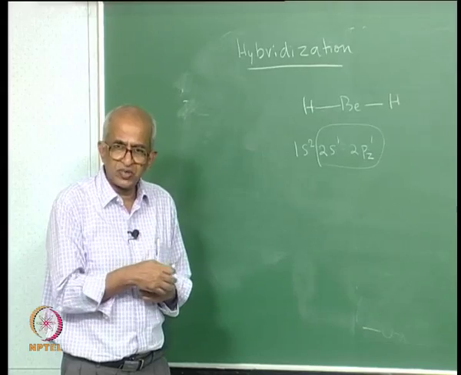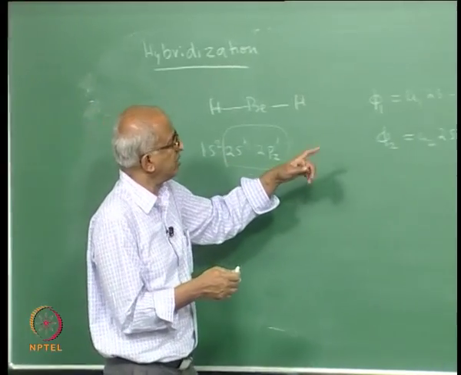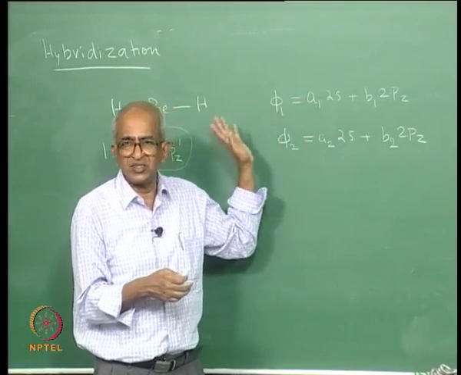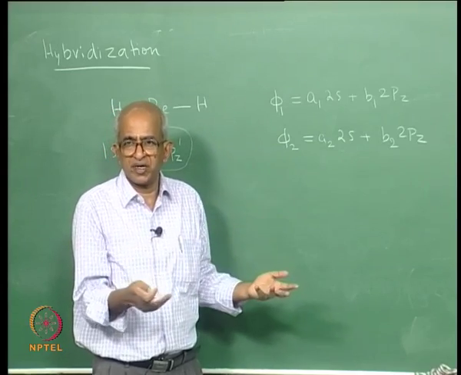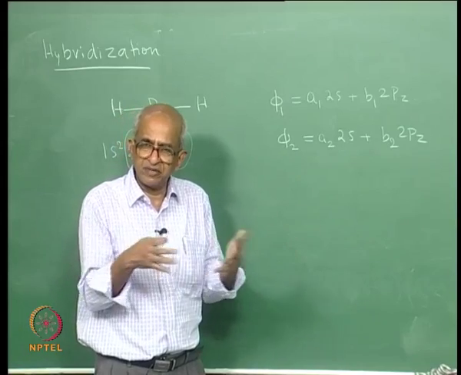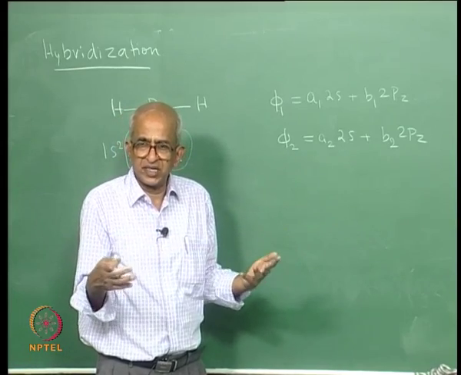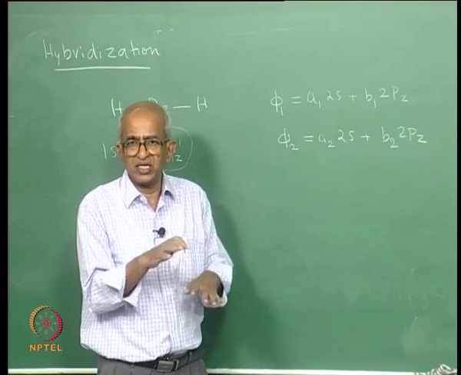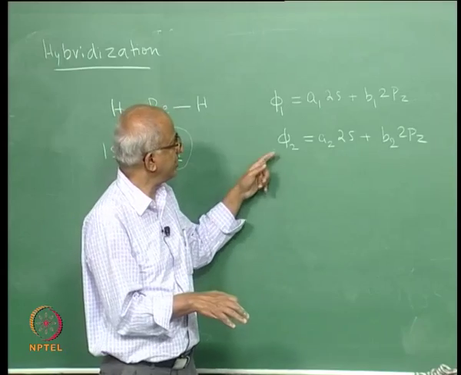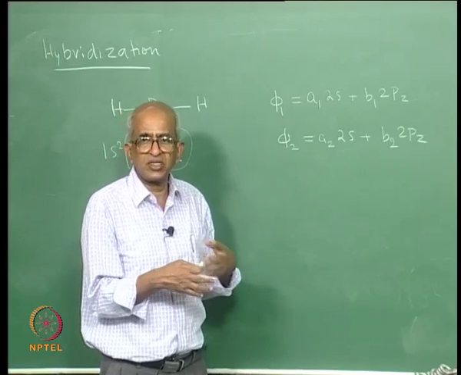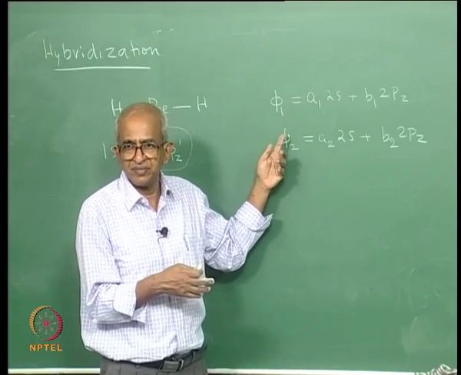Now, I shall also put the condition that these orbitals should have the same kind of nature. They have to be completely equivalent to one another. Maybe they can be oriented differently in space, but except for that they should be completely equivalent, correct. In addition, any orbital that I use I would like to be normalized.